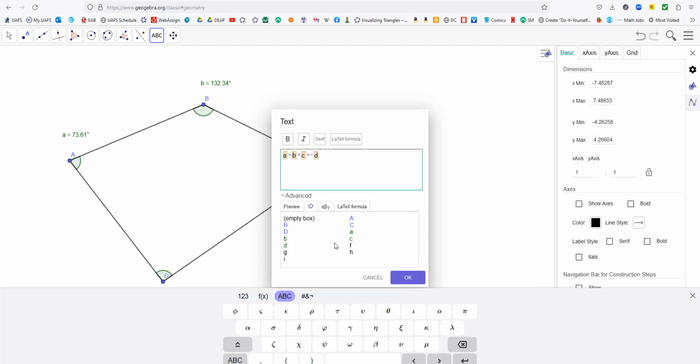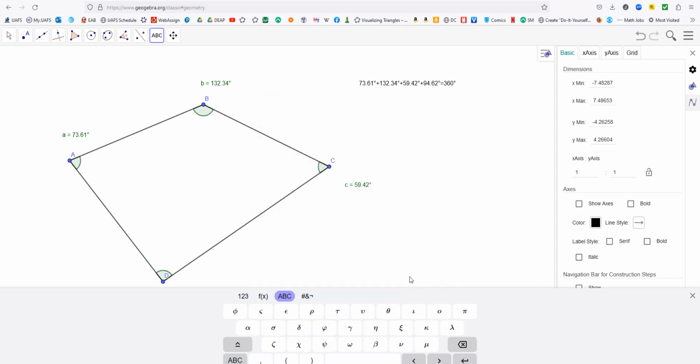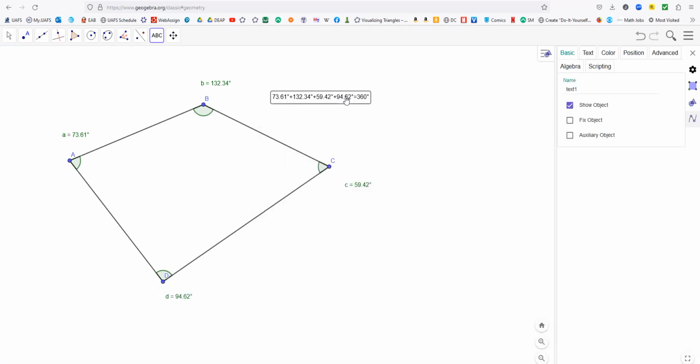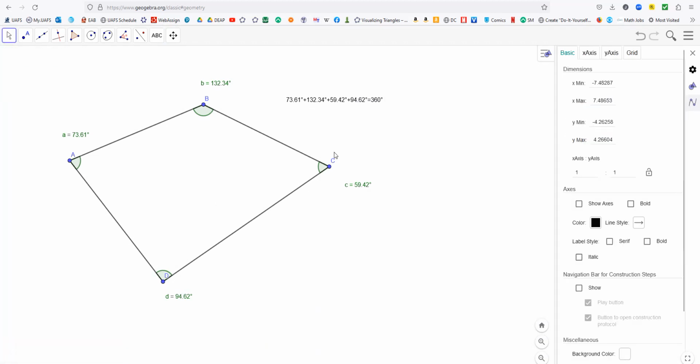And then we want a box that says A. Push down arrow to get on the other side, and then A. And I want to modify this box to be plus B plus C plus D. I believe that will do it. Yeah, there it is. It added them up. It's 360 degrees. Did you think that was going to happen?